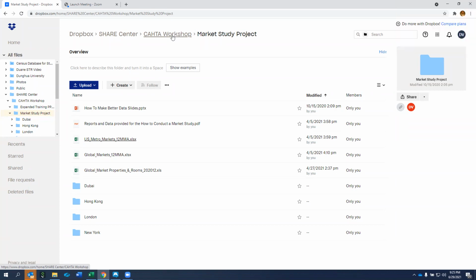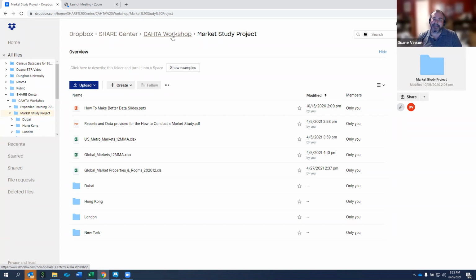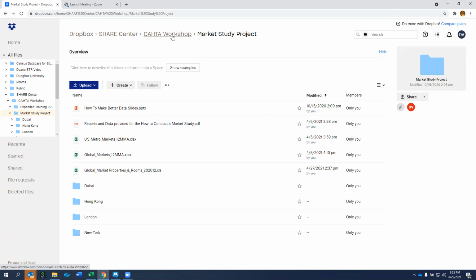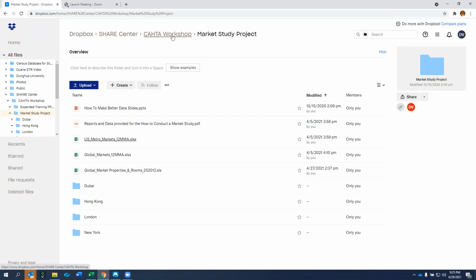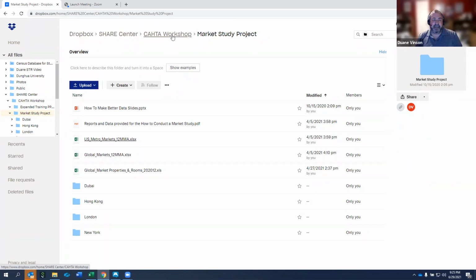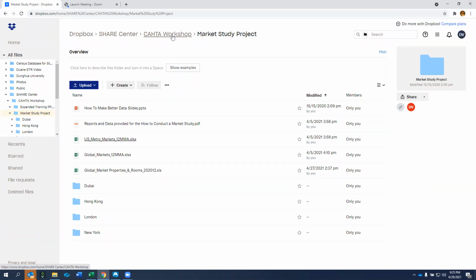If you want to look at the pipeline activity in your comparable markets, let me know. I'll send you the pipeline reports for each of those markets. If you want to include a bit of information on the slide about that and how that compares from market to market, let me know. We'll get you the data. Any questions you might have along the way, reach out to me, let me know.